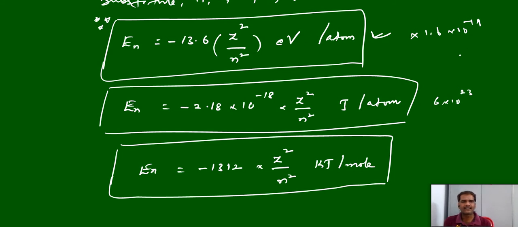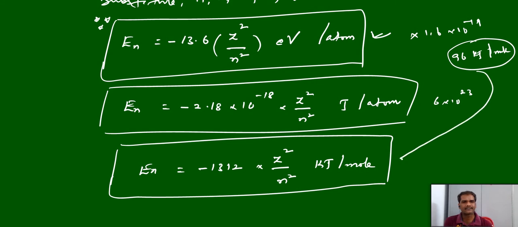Or else we know that 1 electron volt is equal to 96 kilojoule per mole, right? Or else you directly multiply this value in place of electron volt per atom by 96 kilojoule per mole. Again you will get approximately 1312. Options may vary in each question, but you can convert the value. But the first one is very important.